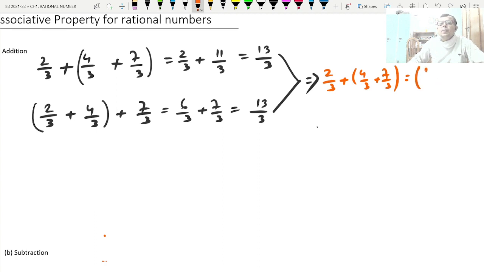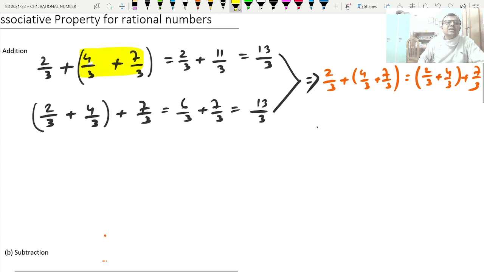So whether the bracket is given for the second two numbers or the first two numbers, the answer will always be the same.